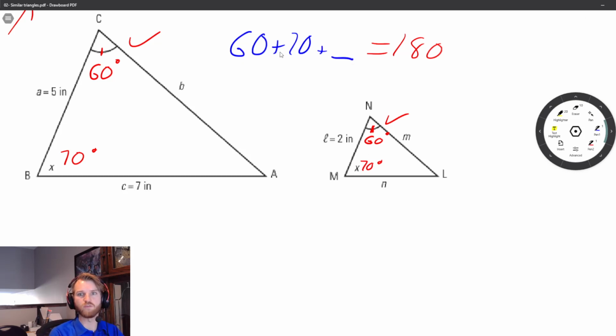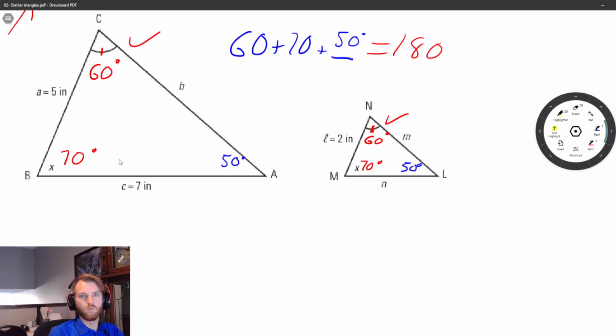So this together makes 130, and so we need 50 more in order to get to 180. So this angle would have to be 50 degrees. Okay. In this triangle, it has to be the same. 60 plus 70 plus something has to give us 180. Because these are the exact same numbers, it's going to be the exact same answer. 60 plus 70 plus 50 is going to add up to 180.